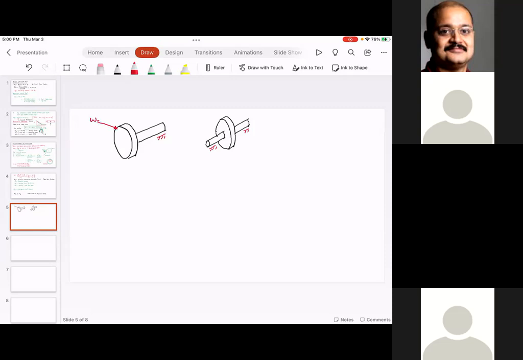And then what we have is a normal force, which is at the pressure angle. So this pressure angle is phi. So this angle is phi. And in addition, we have something called the radial force. So this is WR.